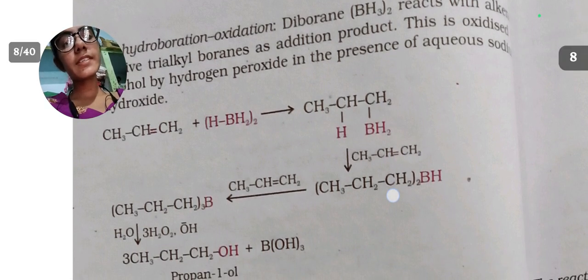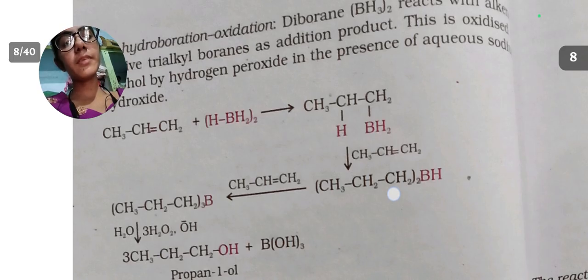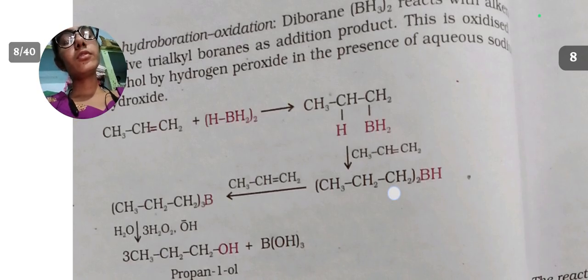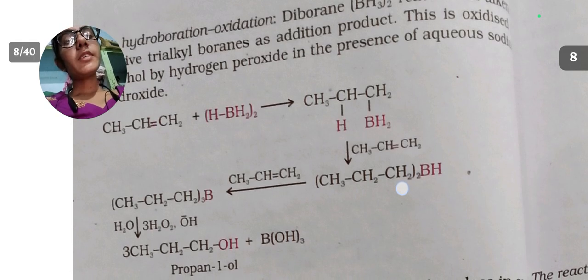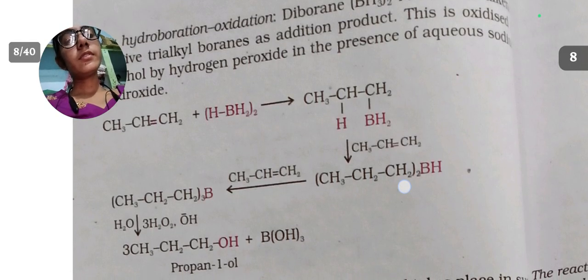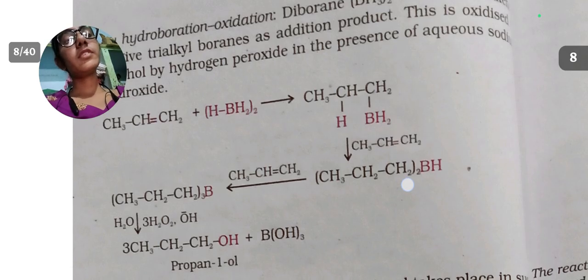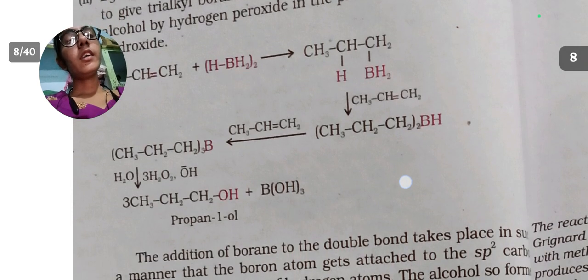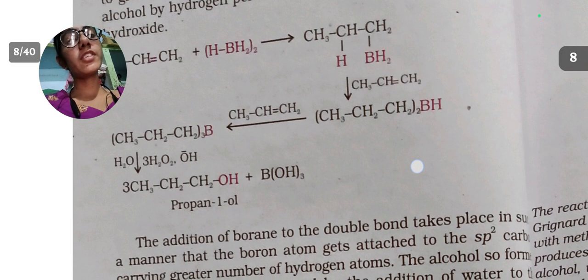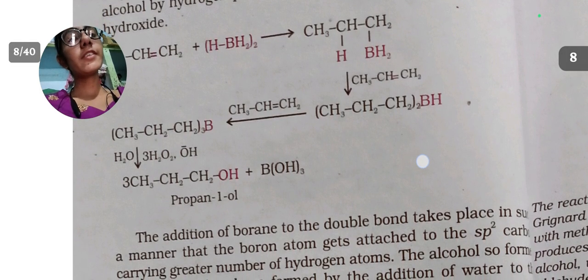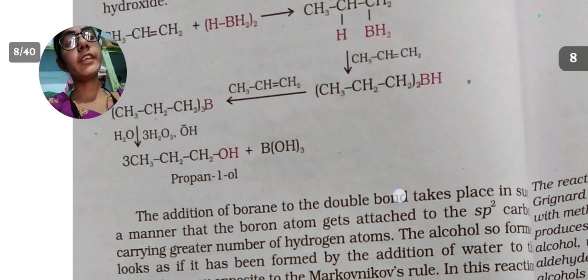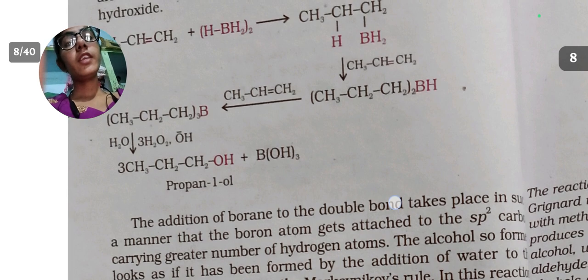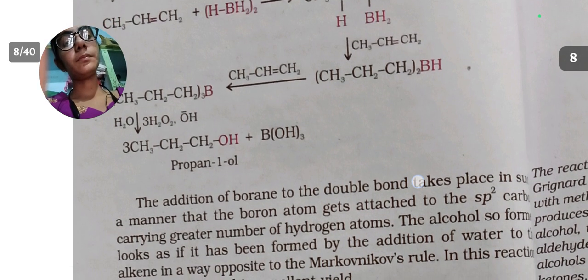CH3CH double bond CH2 plus H-BH2 forms CH3CH2CH2BH2. To this we add alkene again to form (CH3CH2CH2)2BH, and adding alkene again finally forms propan-1-ol.